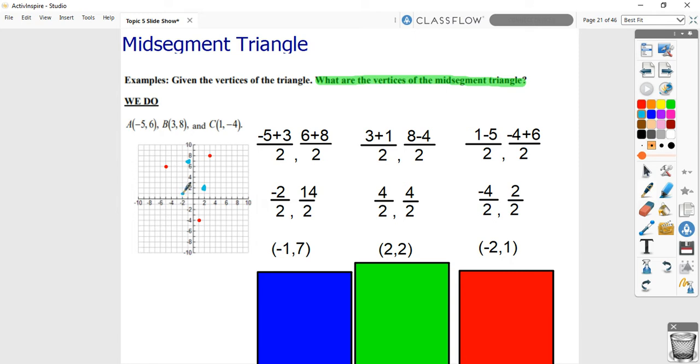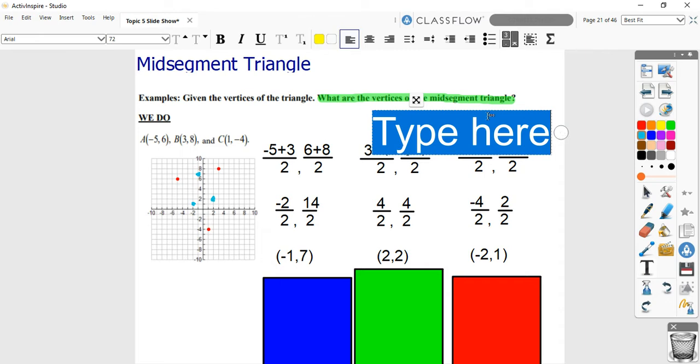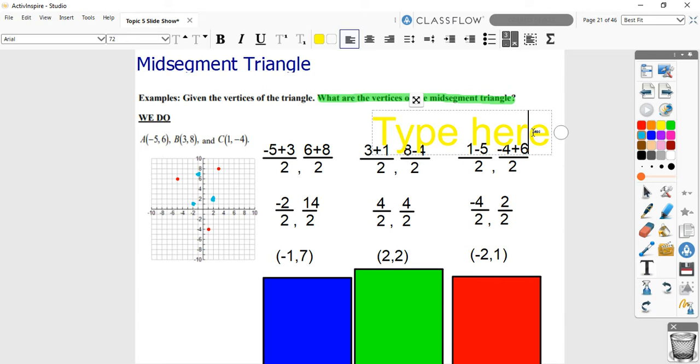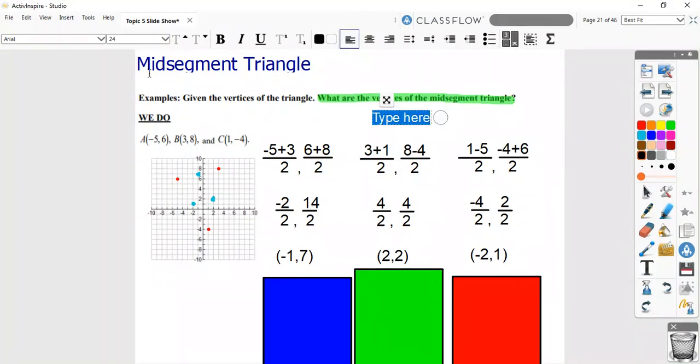That right there, okay? So when a question asks, what are the vertices of the mid-segment triangle? What we're really asking is not anything super complicated.